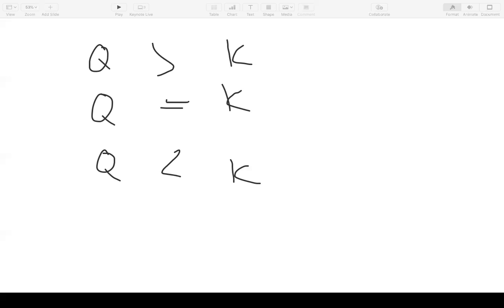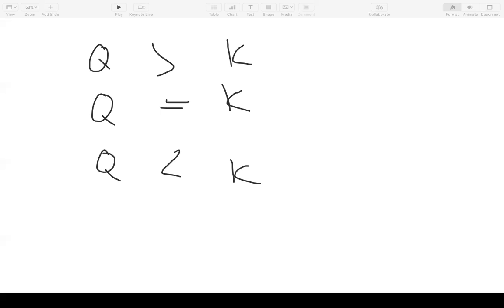So if Q is greater than K, what change are we going to have to do in order to make them equal? Are we going to do more products, more reactants? We're going to need more reactants, so we're going to shift to the left.